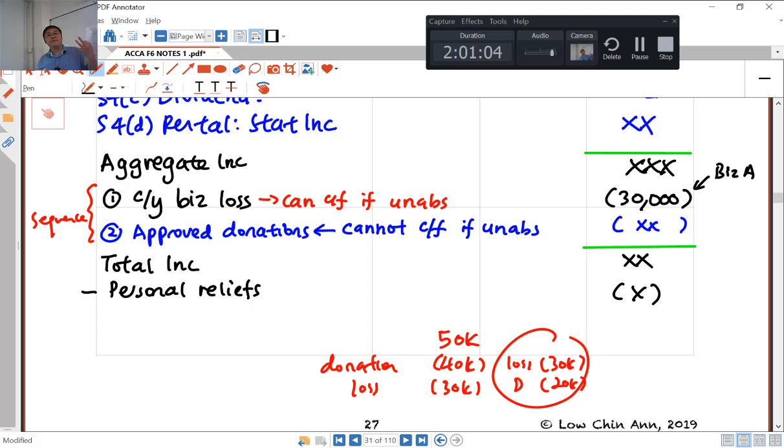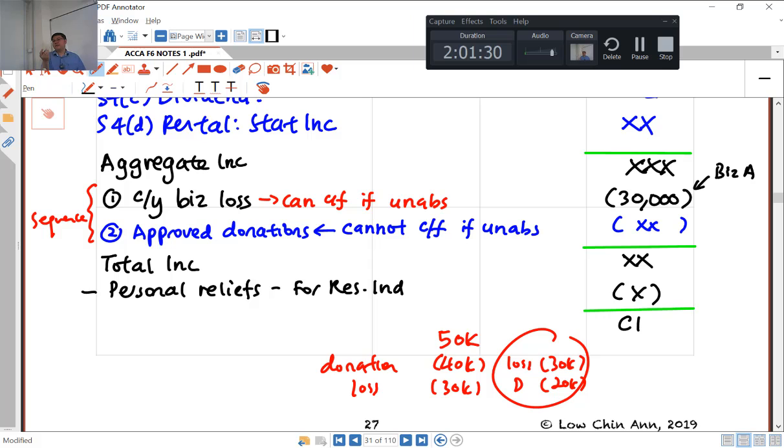This personal relief is only available to resident individuals. All right? So it's only for resident individuals. So one difference between a resident and a non-resident individual is relief. One will get, one will not get. Okay? Then from there, you come to the figure called CI.